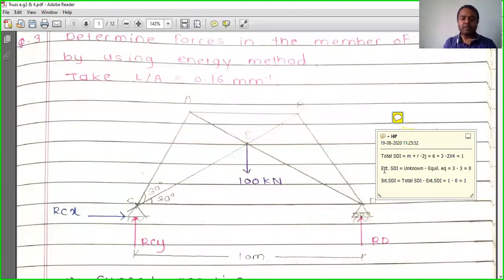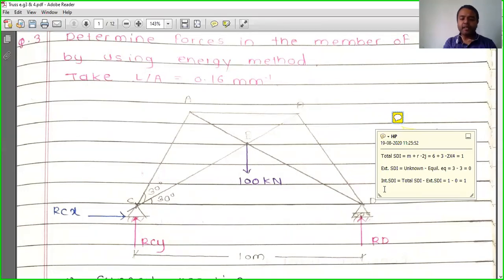So this is the formula for external indeterminacy: number of unknowns minus number of equilibrium equations. Number of unknowns means we will consider this R as number of unknown reactive components, that are 3, minus equilibrium equations. We are having equilibrium equations 3. So external SDI comes out to be 0.